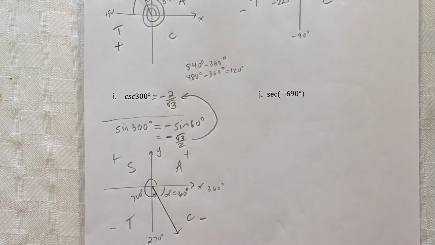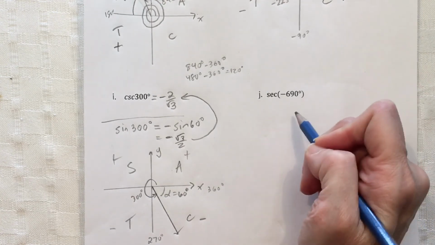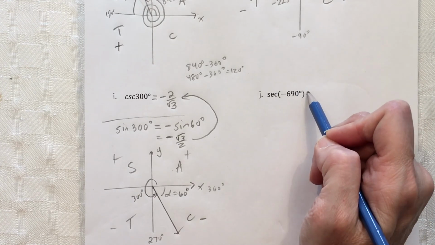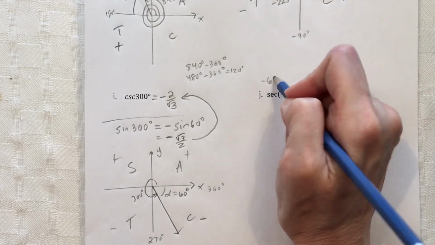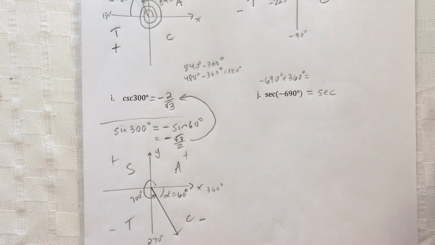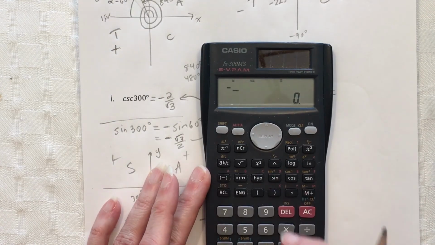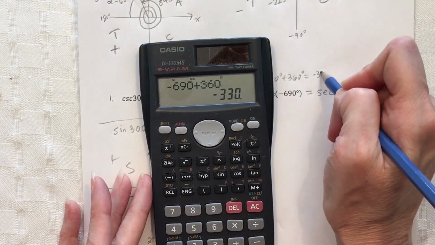And then our last example, the secant of negative 690. I want to know where to draw negative 690, so I might add 360. Negative 690 plus 360 has the same terminal arm as negative 330.